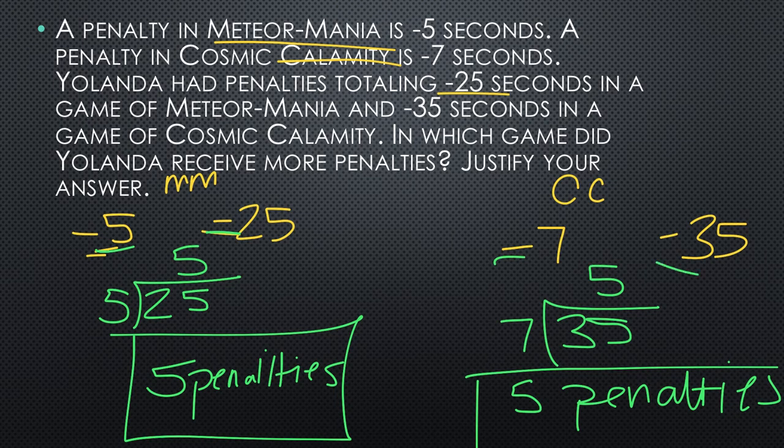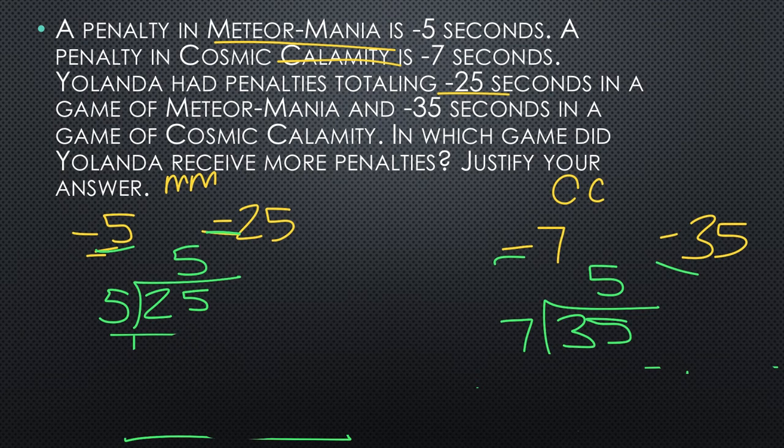So how would I answer this? Well, let me take some time to clear this up real quick. I'm going to put those over here. She had 5 penalties here, and 5 penalties here.